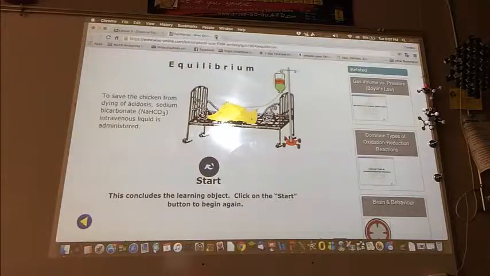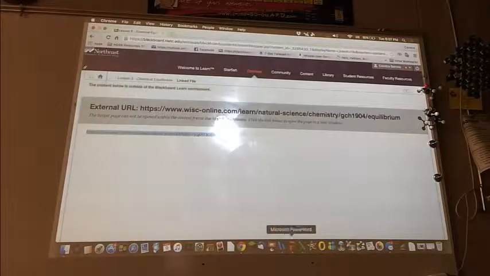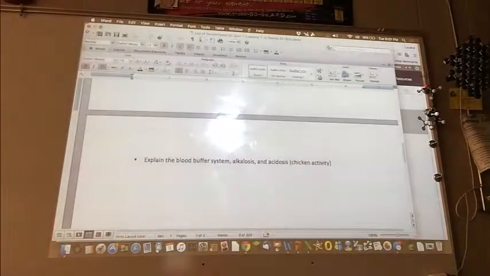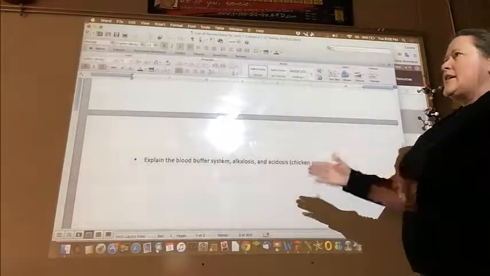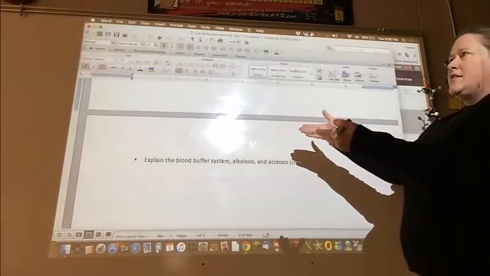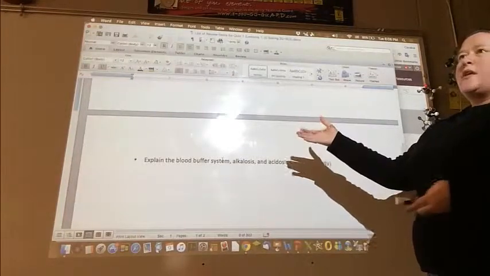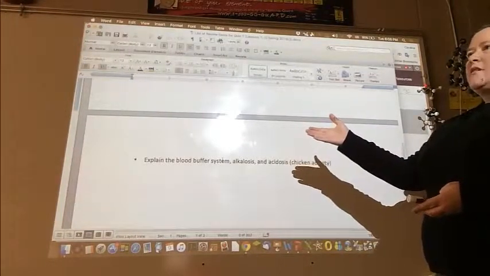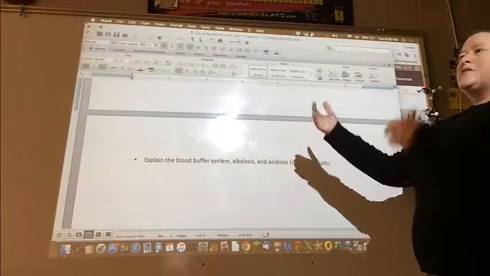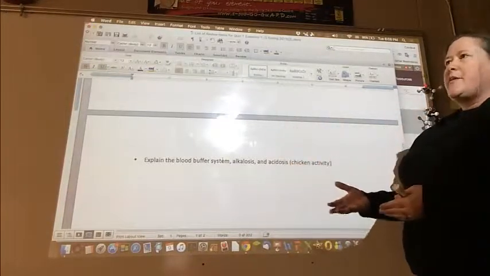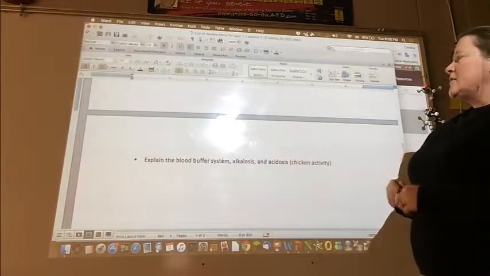So essentially what I wanted you to take from that, it says explain the blood buffer system. So I might have that diagram up there and say explain what happens when a person is losing carbon dioxide because of hyperventilation and what results.